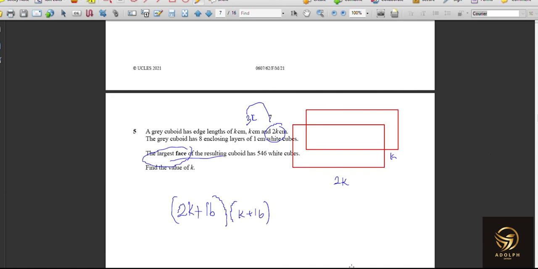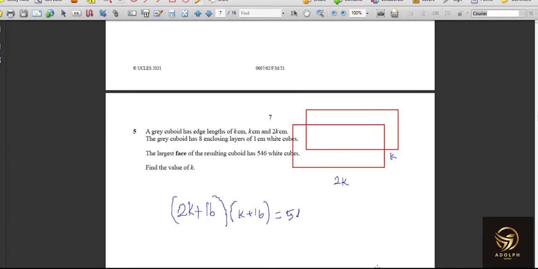So 2k plus 16 into k plus 16 equals 546, because that is the total number of white cubes. Now you might ask me why we did not subtract the gray cube, because we are considering the largest face, which is the outer layer, the outermost layer, maybe the eighth layer we are concentrating on. If it's the eighth layer, then obviously you know that's going to be the white cube. There are no gray cubes that will exist at that place.